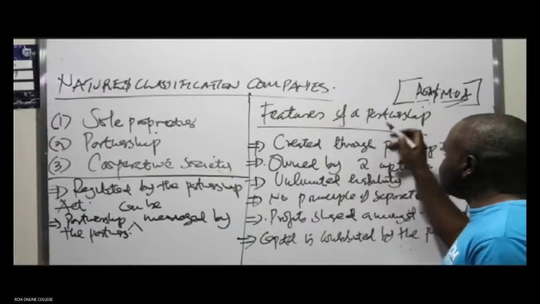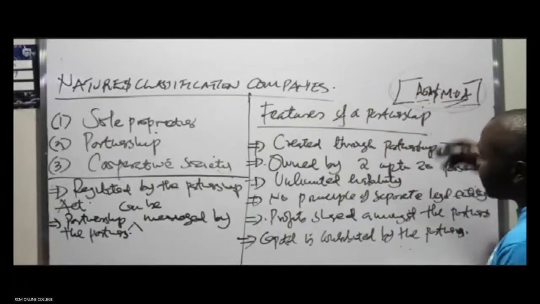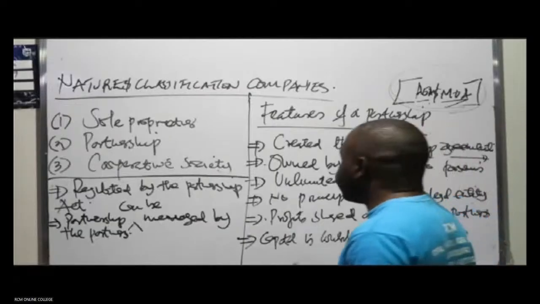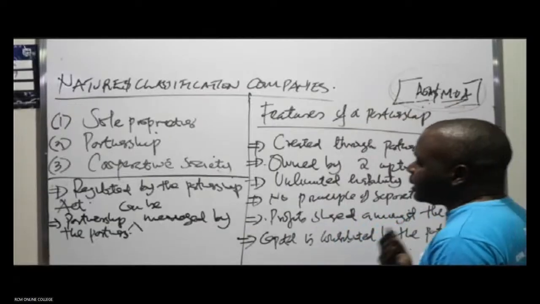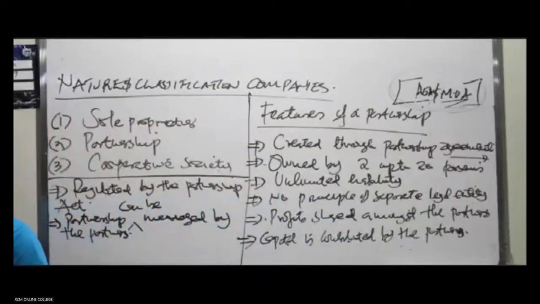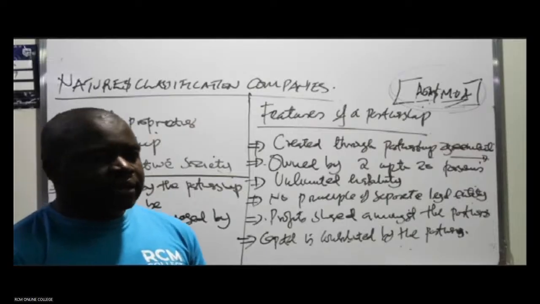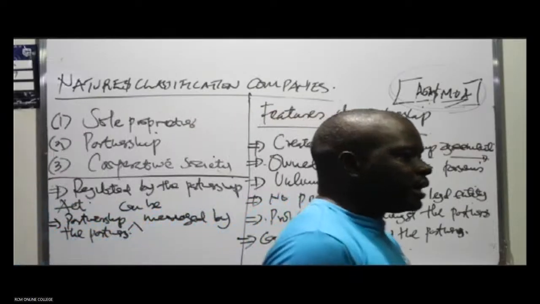With these two documents, you can understand how the company is managed. So the articles are the constitution of the company. They contain, in simple terms, the internal rules and regulations governing the internal affairs of the company.